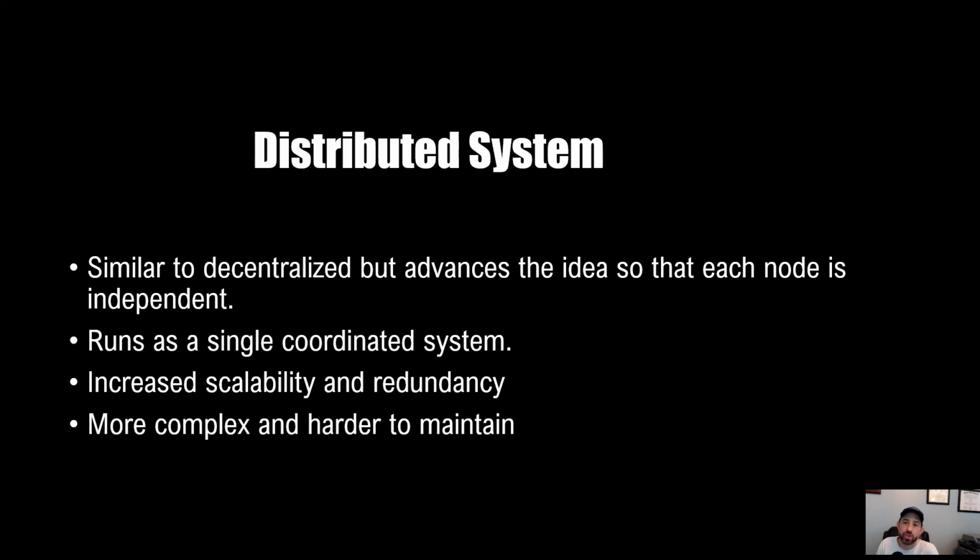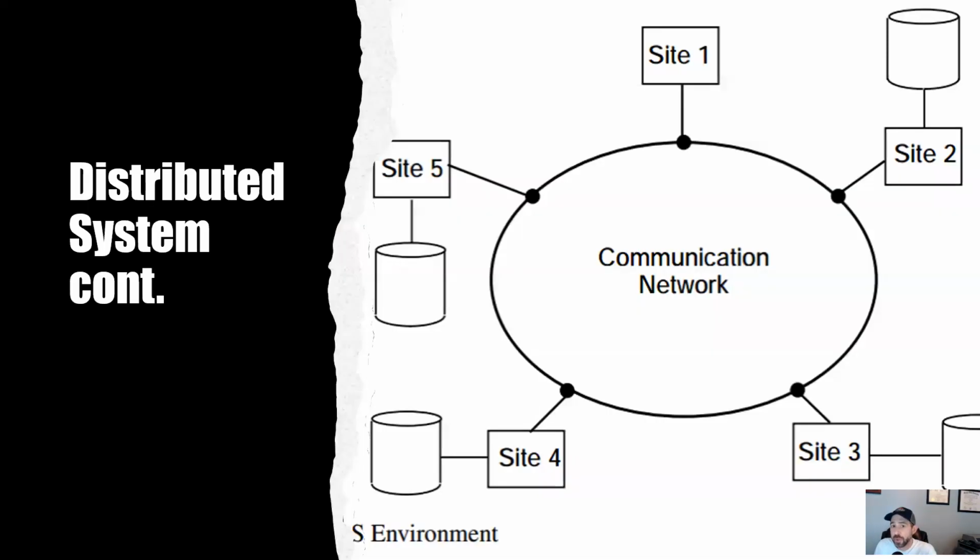All right, and then we have a distributed system. So it's similar to decentralized, but advances the idea so that each node is actually independent. It runs as a single coordinated system. It increases the chance for scalability and redundancy, and it is more complex and harder to maintain. Now, we talked about cryptocurrency being distributed and decentralized, so it has both those attributes. This is a distributed system in general, right?